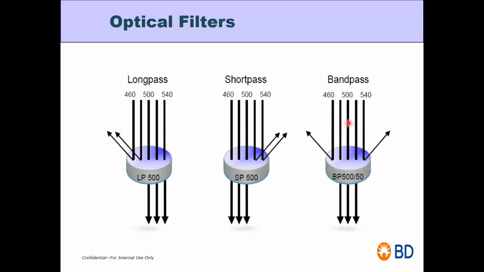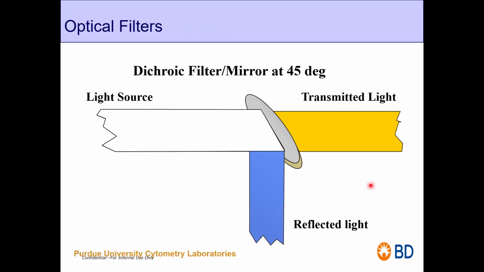This is very important to get crisp data, to get the proper signal. That's why they are using this kind of filter. Now, what does the dichroic mirror do? It bends your light, it reflects the light at 45 degrees, and other light it transmits.